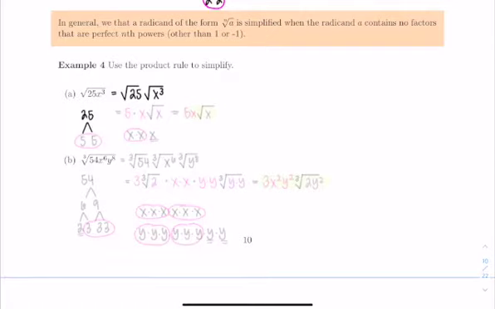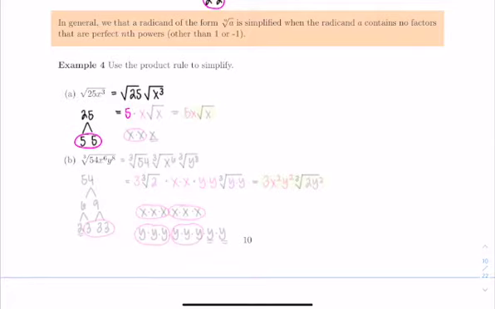So when I break down 25, we get 5 and 5 as our answer. And so again, my index is 2, so I have my pair of 5s I can pull out, but I have nothing left over, which means that it's a perfect square. So when I simplify, I just have a 5, and my square root goes away for the square root of 25.